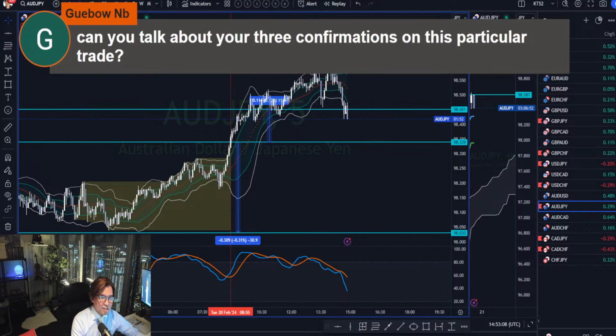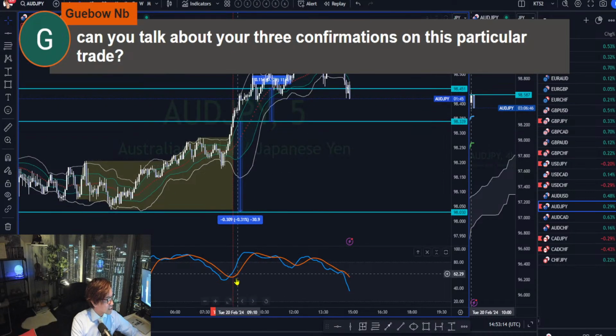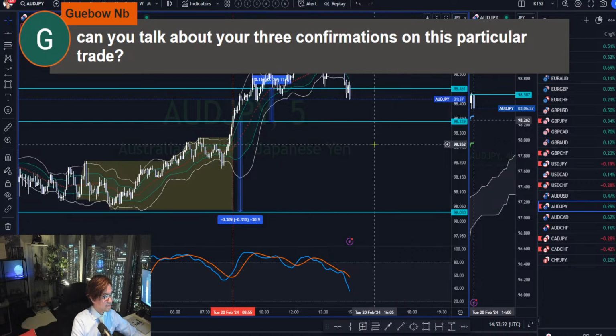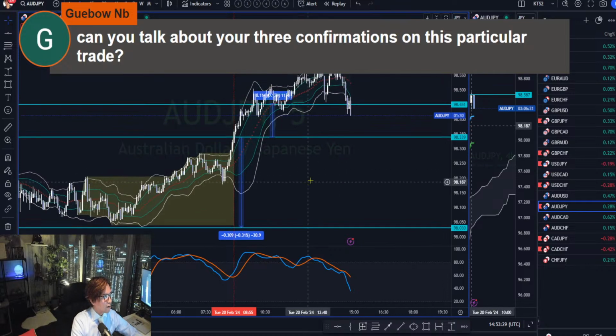Okay, Guevo says, can you talk about your 3 confirmations on this particular trade? Right, so the 3 confirmations are the gold cross stochastic, band walking, and inside bar breakout. This confirmation part is also important. Whenever I look for entries, I don't enter a trade just because it goes up or just because it's going down.